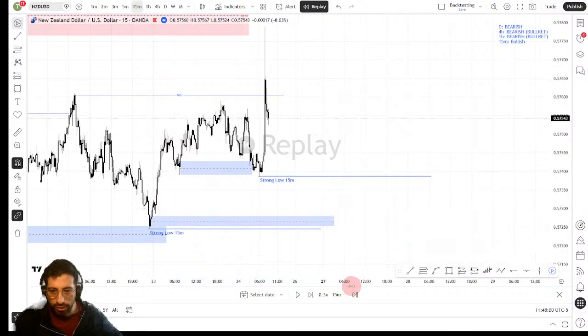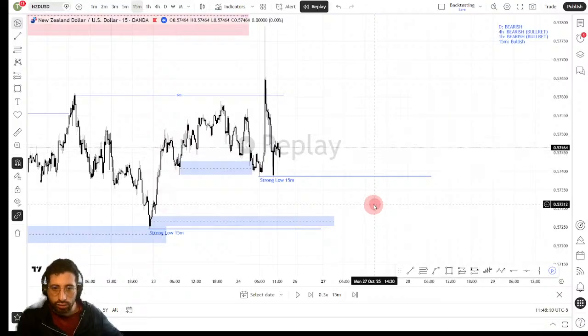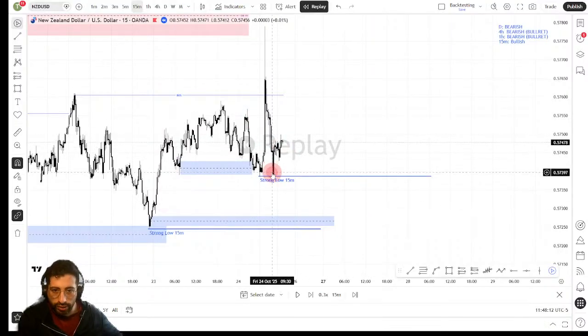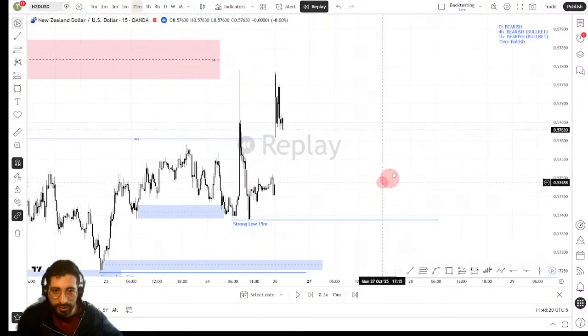And I'm marking here our entry point. So this is one. Actually, the price can also react on this order block. Let's see what happens. As I told you, it went so fast to this point, and I'm not sure if it is going to respect it. Oh, it did respect it.